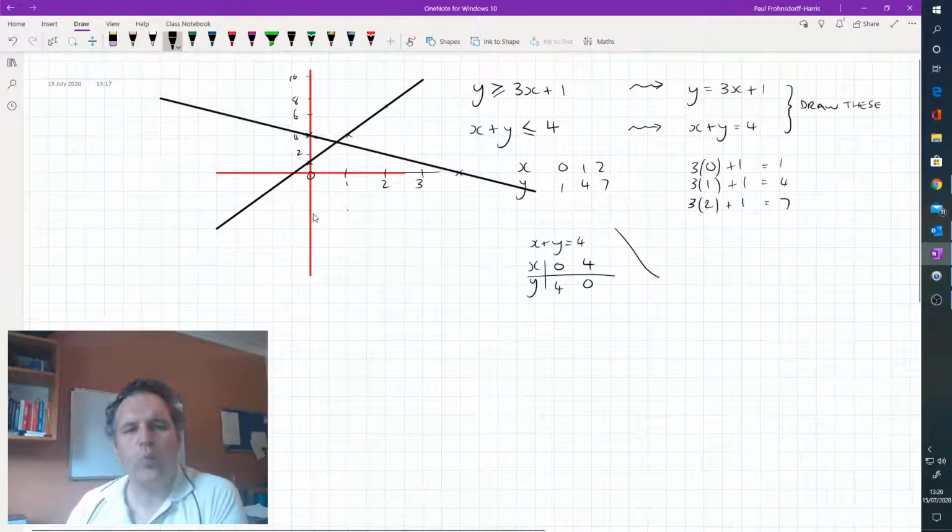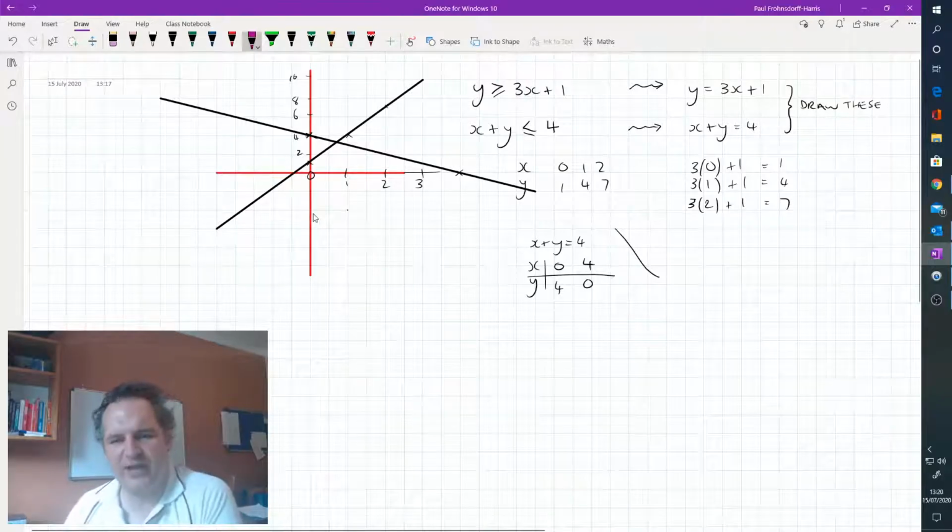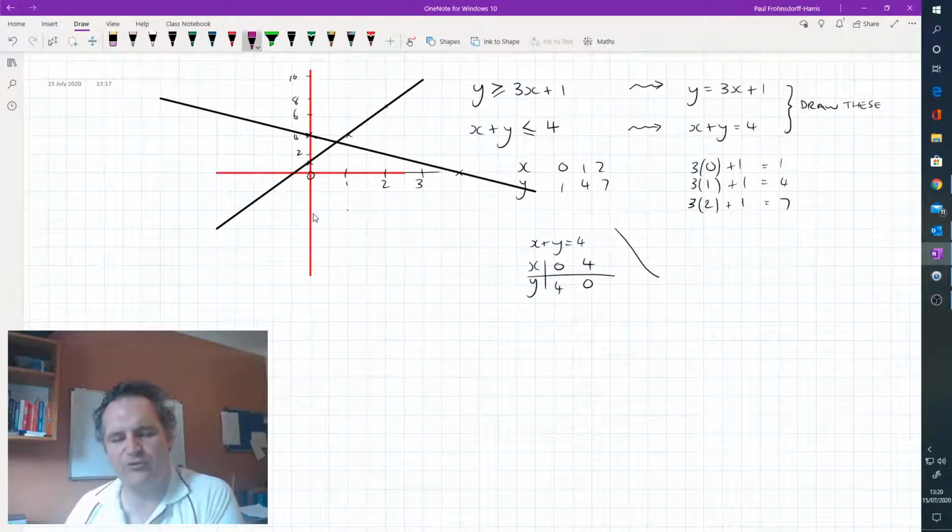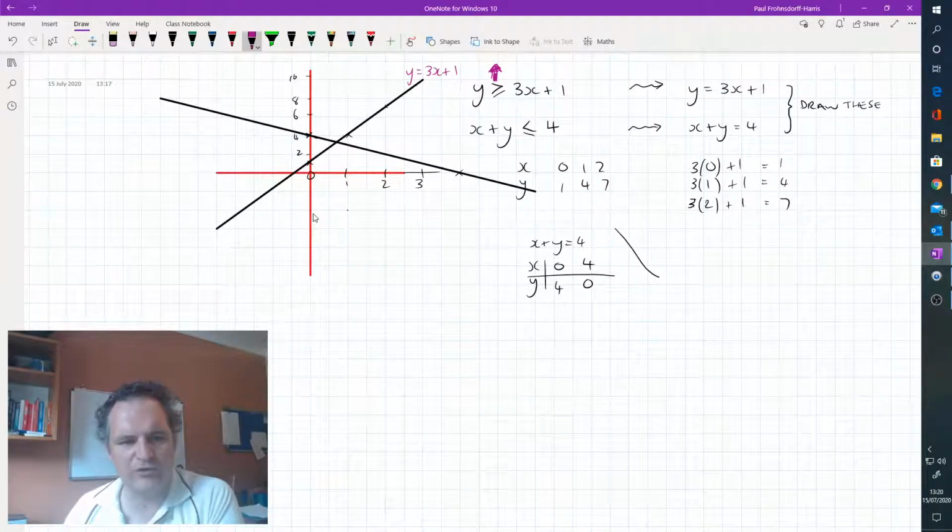So we now need to decide which side to shade. So we want the y value to be greater than 3x plus 1. Remember, this was y equals 3x plus 1. Now, in general, when the y is greater, we go above the line. However, it's always useful just to check a coordinate. So let's have a look at this coordinate here, 1, 8.